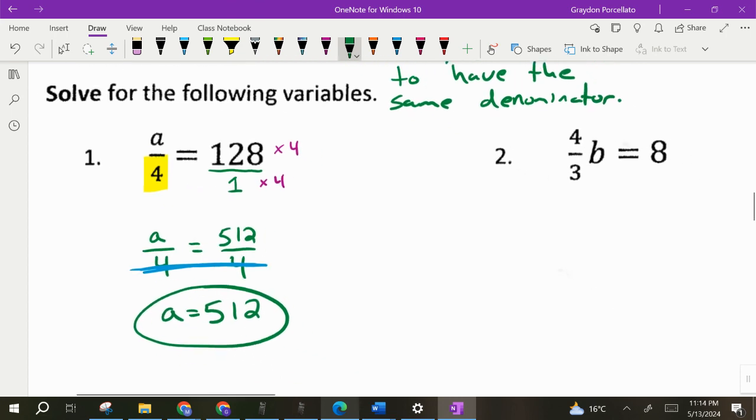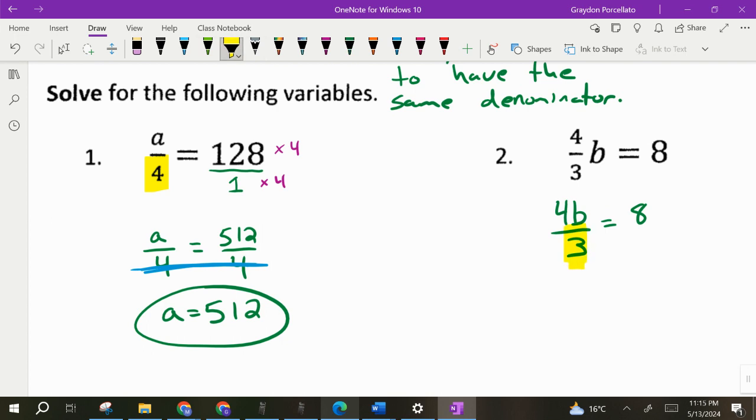Now let's take a look at our next one. Now the next one's very interesting. Well, kind of interesting. I think it's very interesting. Because notice how we have 4 over 3 in front of the B. This can be written as 4b over 3. And we're going to say that that's equal to 8. So what is my denominator right now is a 3.